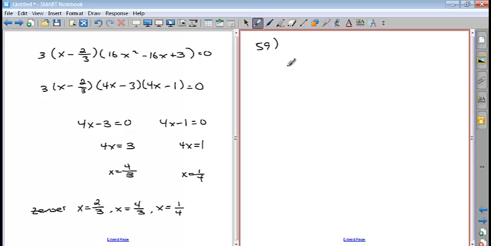So here we're now at a 4th order polynomial. So to make it easy, they give us two of the roots, two of the zeros. So we've got x to the 4th minus 4x cubed minus 15x squared plus 58x minus 40. And they say that these are the factors.